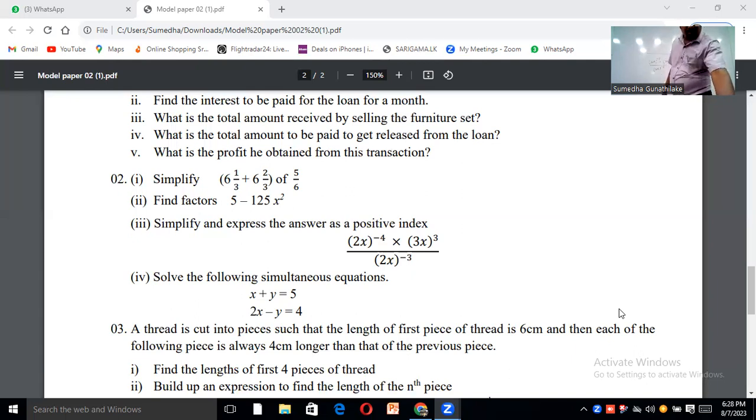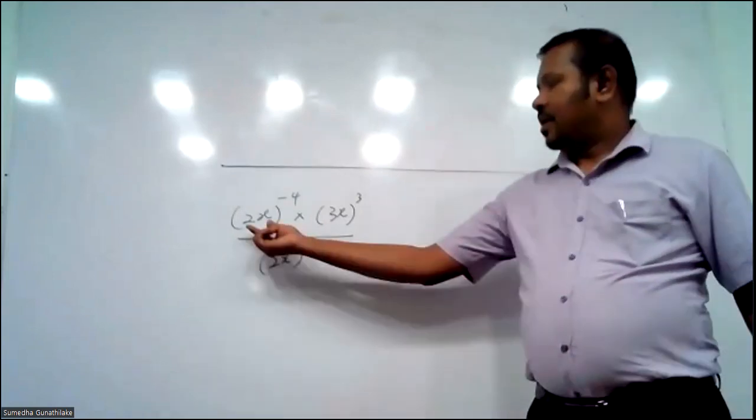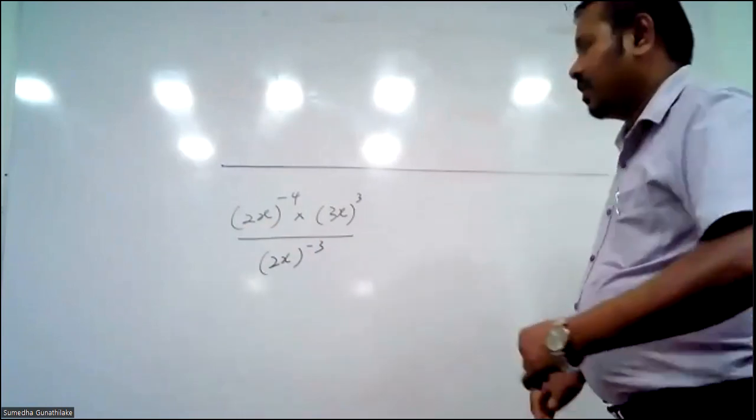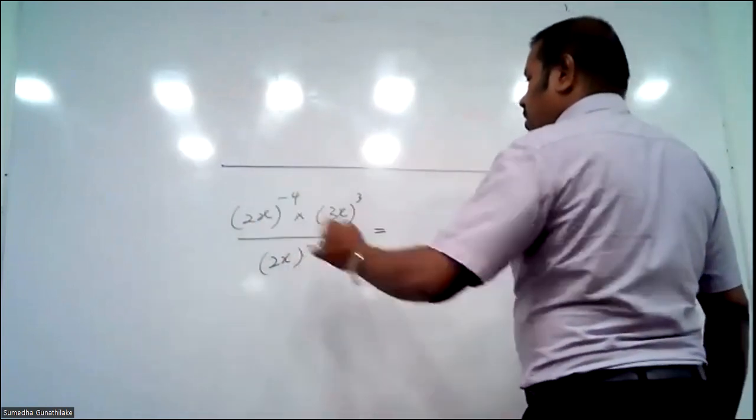Right? You can see both these two bases are same, no? Then you can simplify it, or we can take this one out. Sorry, this one to the numerator.